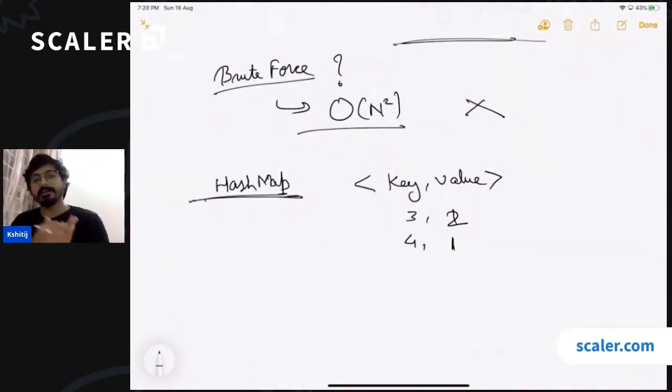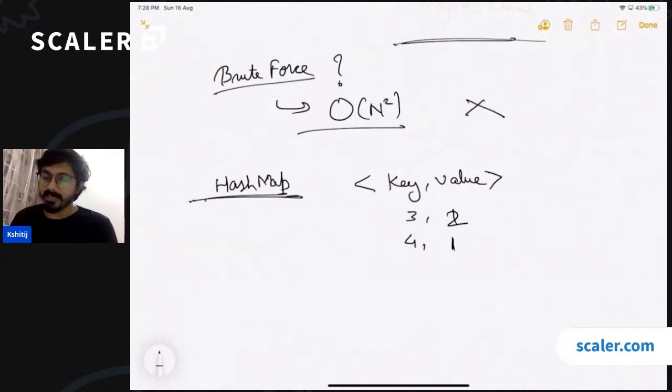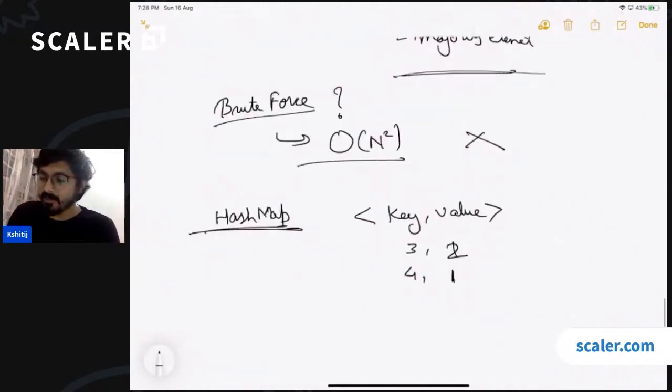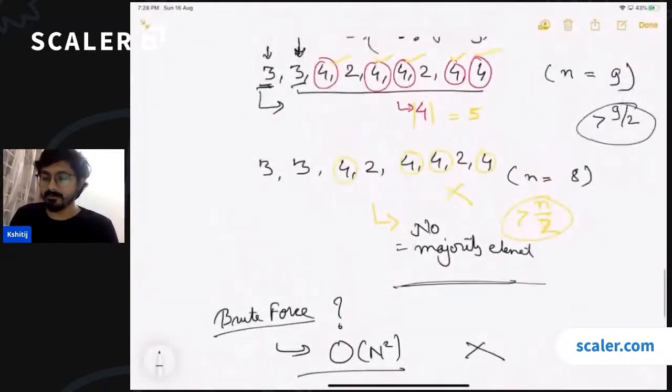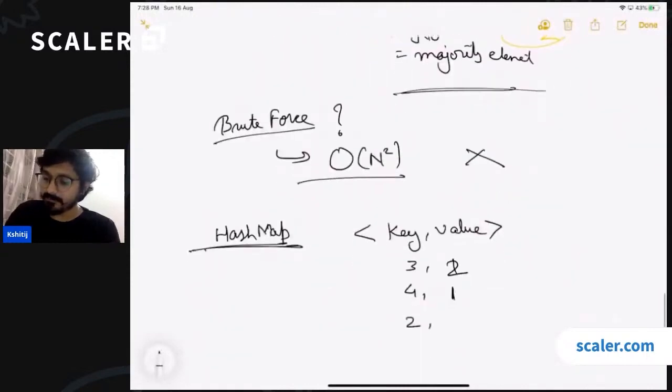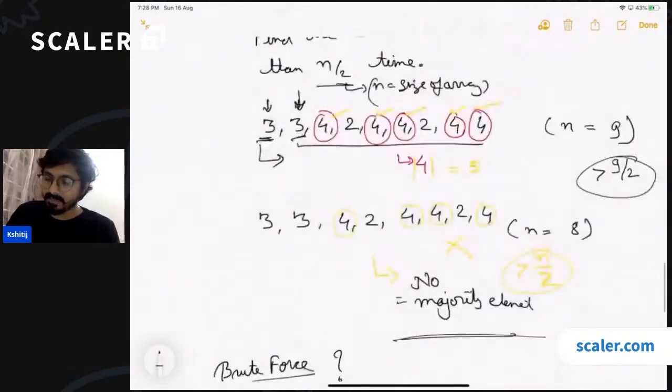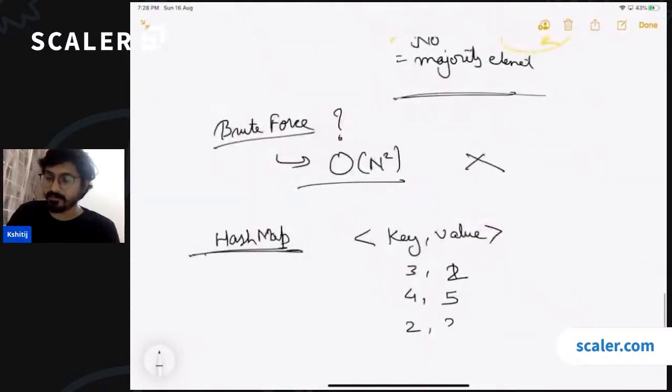After you have iterated all the array, it's totally like the dictionary in Python. You will be having all the array elements along with their frequencies. So 4 will be 5 at the end, because the frequency of 4 is going to be 5, and the frequency of P is going to be 2 and 2 is also going to be 2.